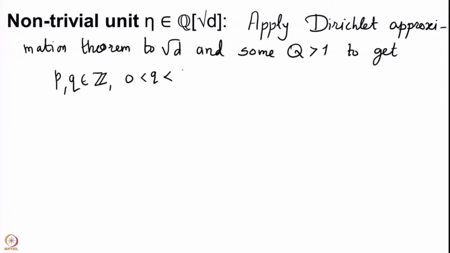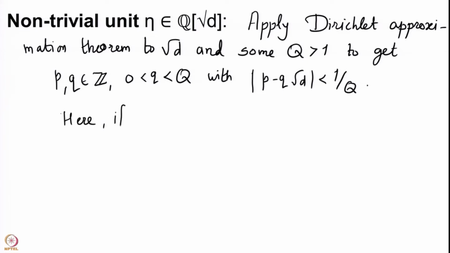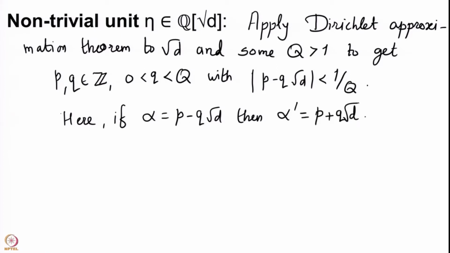The denominator is between 0 and capital Q with mod p minus q root D to be less than 1 upon capital Q. So, here if alpha is p minus q root D, then its conjugate alpha prime has the form p plus q root D.